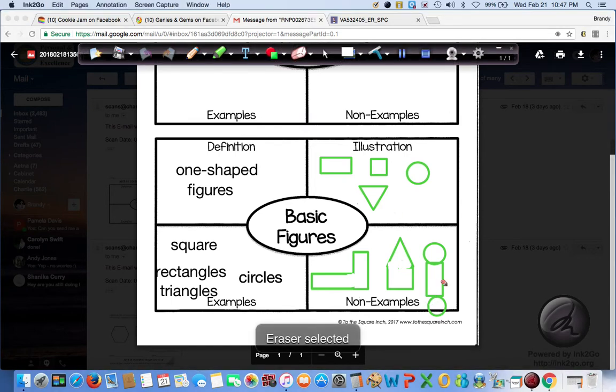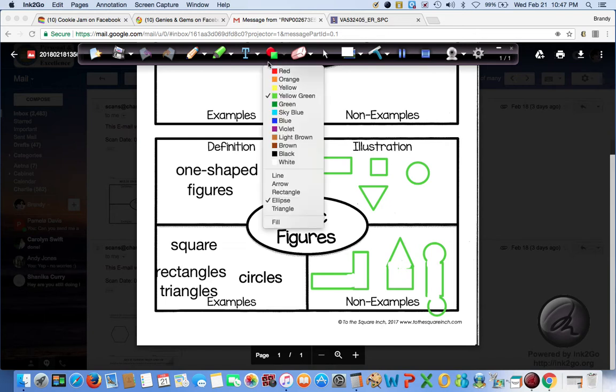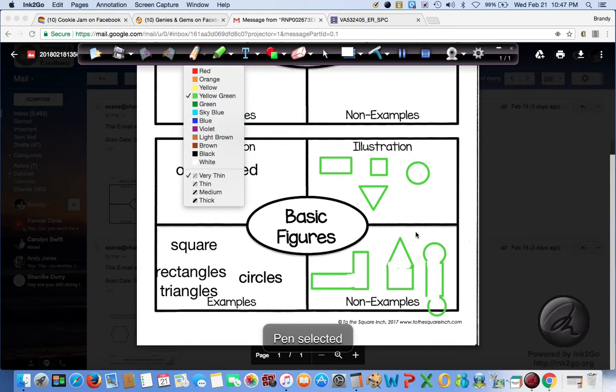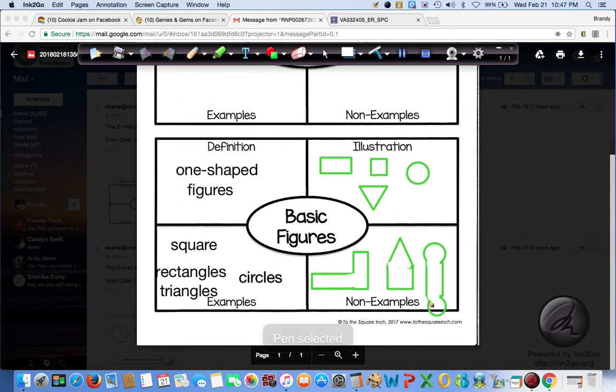And anyway, the middle piece would be missing. So it would kind of look a little something like that. Right? And this would be connected here and here. So it would be a rectangle with two circles. These are non-examples. These are things that are not basic figures.